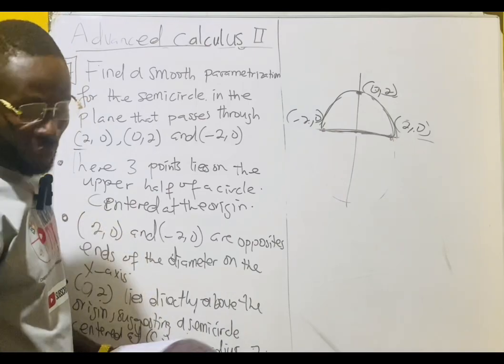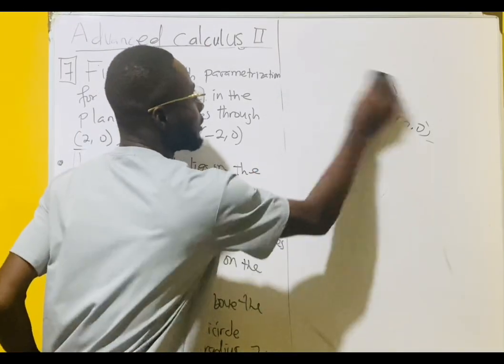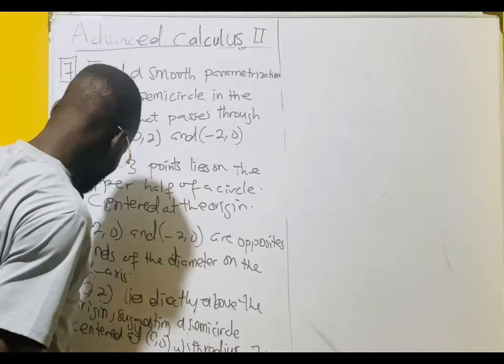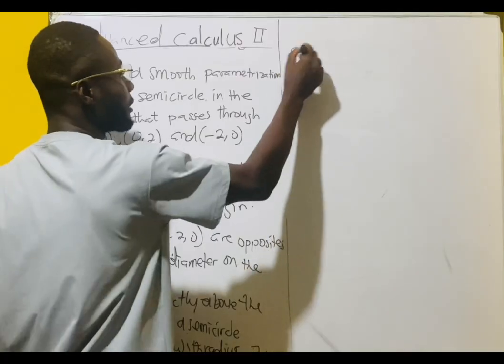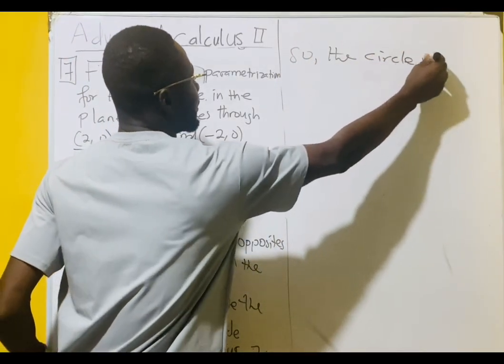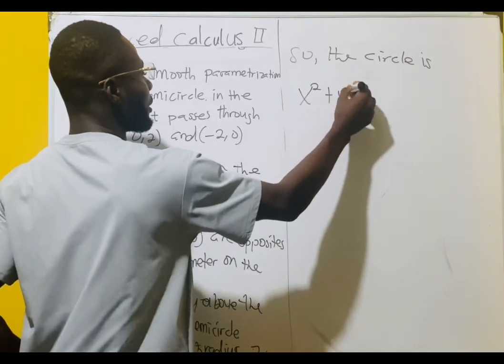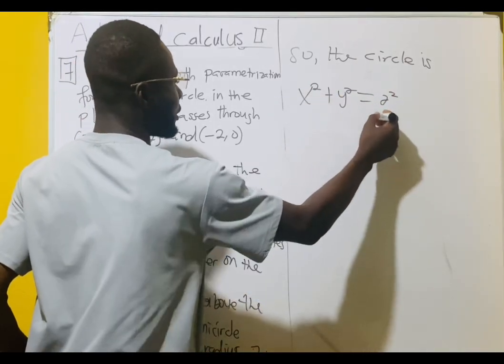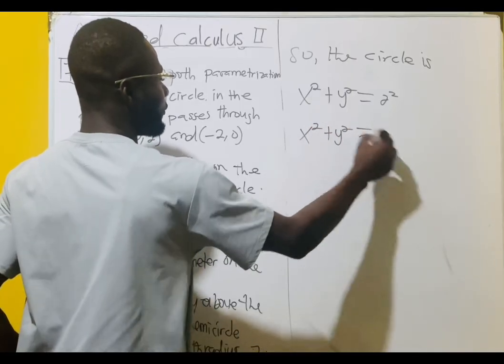Once we know this information, we can say that the circle is x squared plus y squared equals 2 squared, and that is x squared plus y squared equals 4.